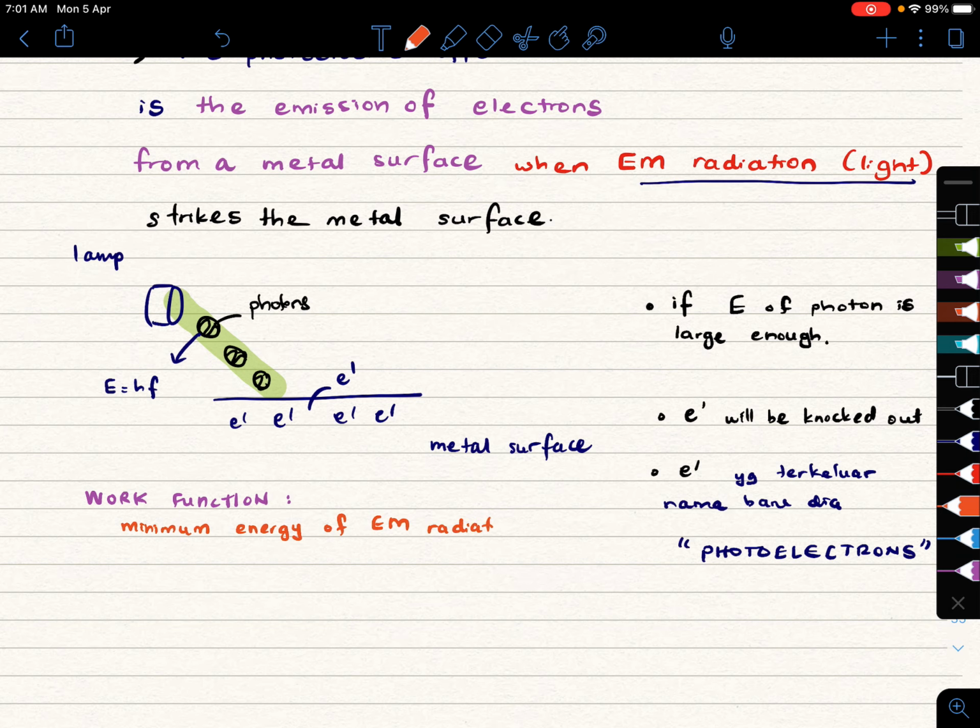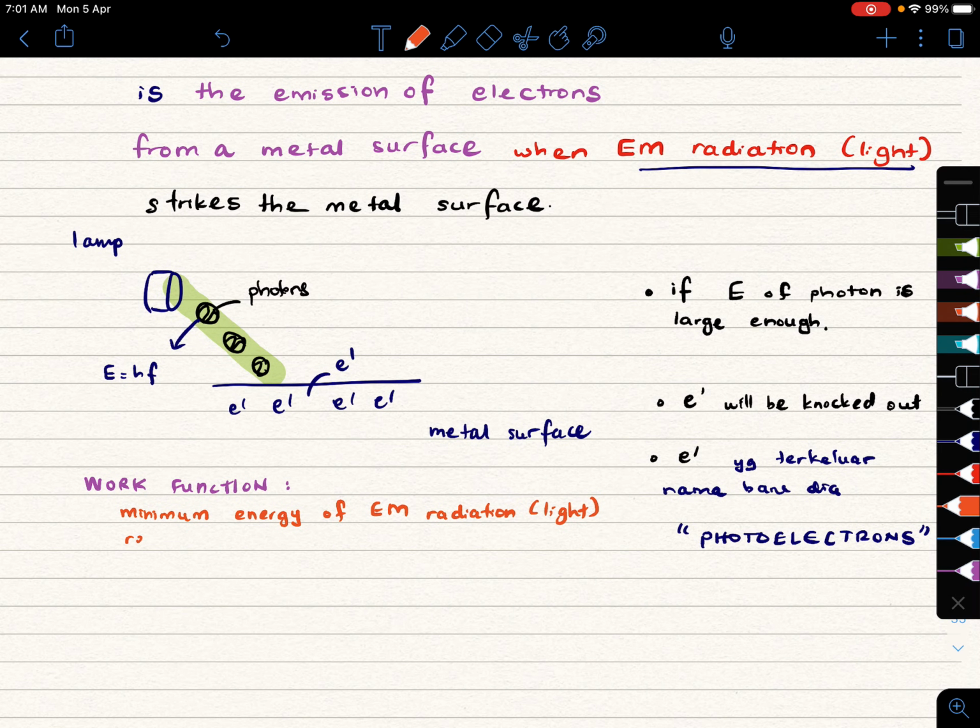Ni bahasa skema dia. EM radiation tu cahaya lah, okay. Yang ada banyak-banyak colour tu. Required to emit an electron from metal surface.